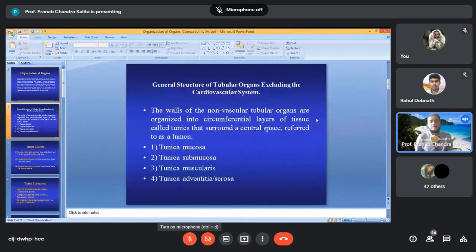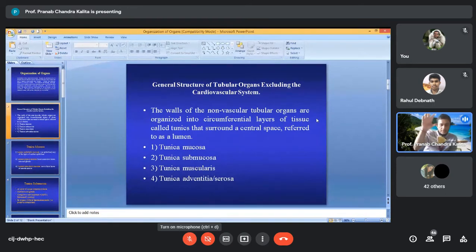Now you see, this is the general structure of a tubular organ, but here excluding the cardiovascular. What is the general pattern of the tubular organs, but not the cardiovascular? Because the cardiovascular system has its own structure. Clear? That is the one exception.